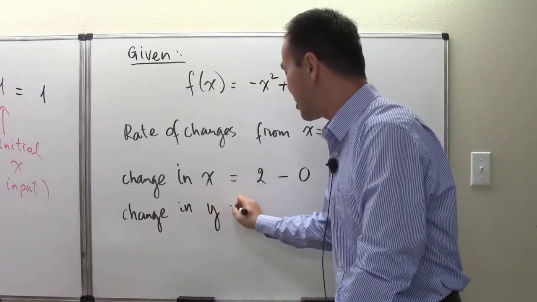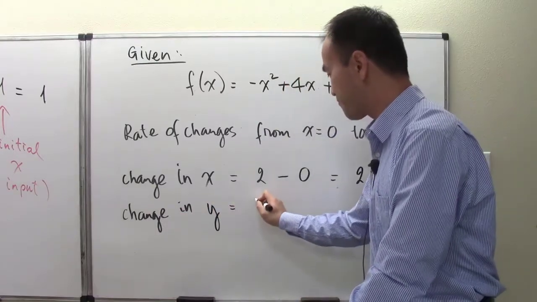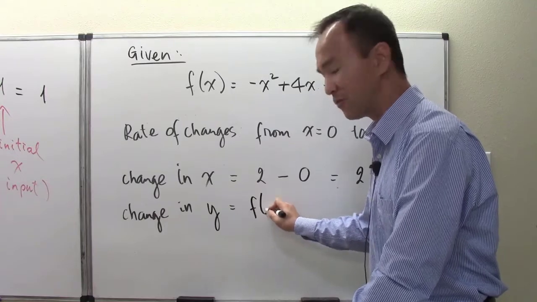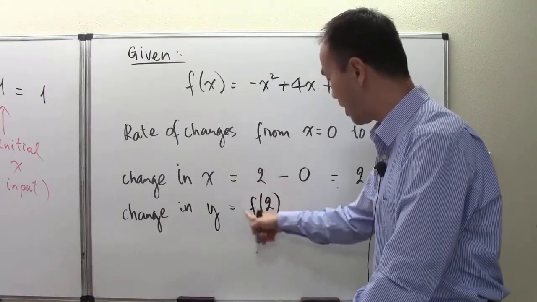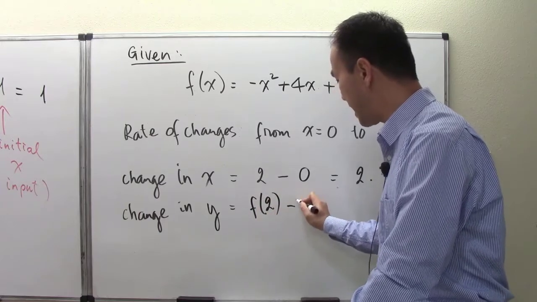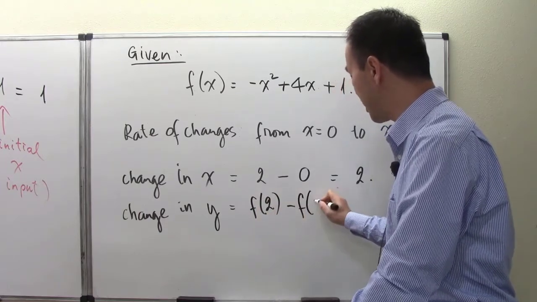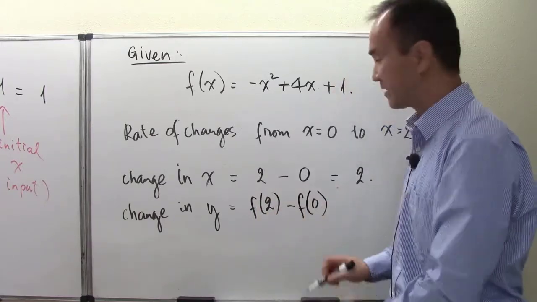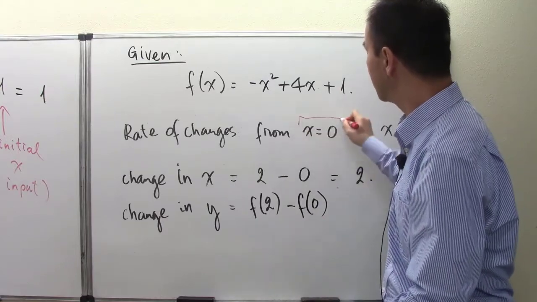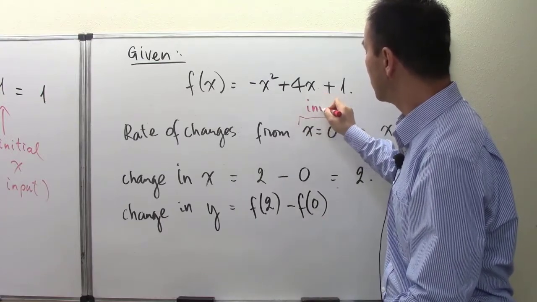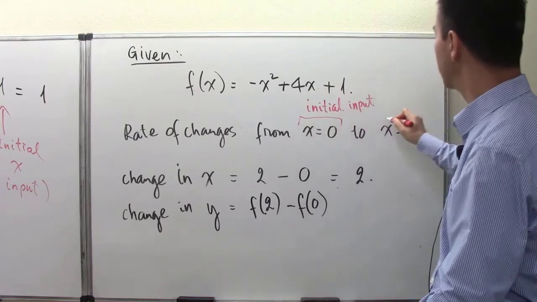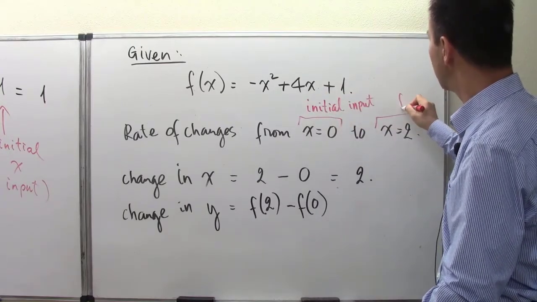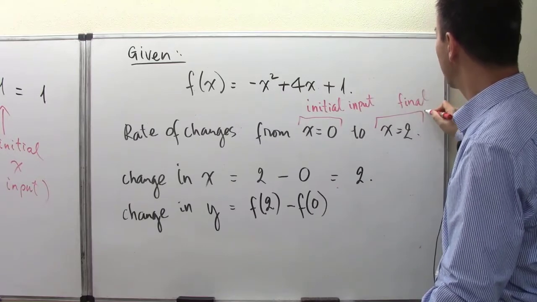So now the change in y is going to be the y value at the final input minus the y value at the initial input. Okay, so this is the initial input, and this is the final input.